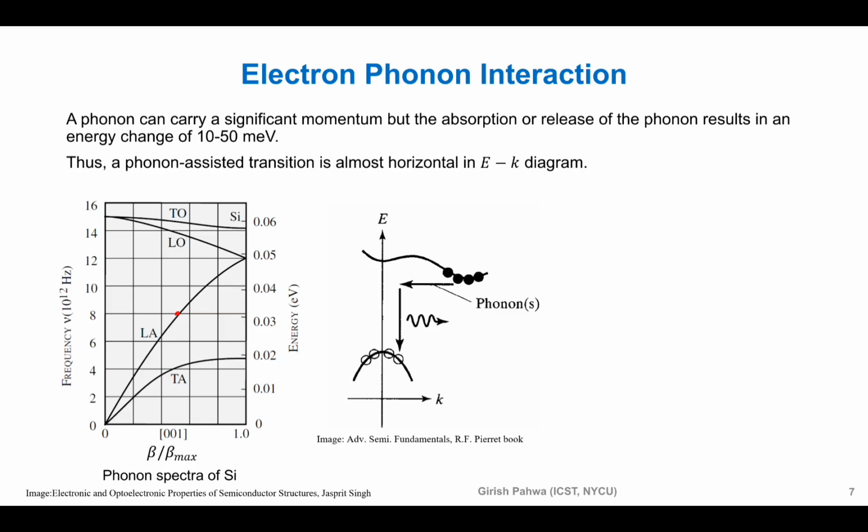It's not like one happens and the other doesn't happen. It's about which one is the dominant one. All of them are happening. Band-to-band recombination is happening, but the rate at which this process is happening is very low. The probability is very low. So indirect band gap semiconductors, they will not prefer this process.